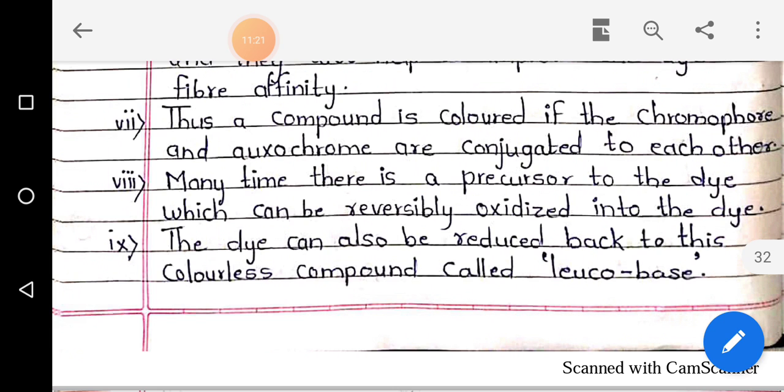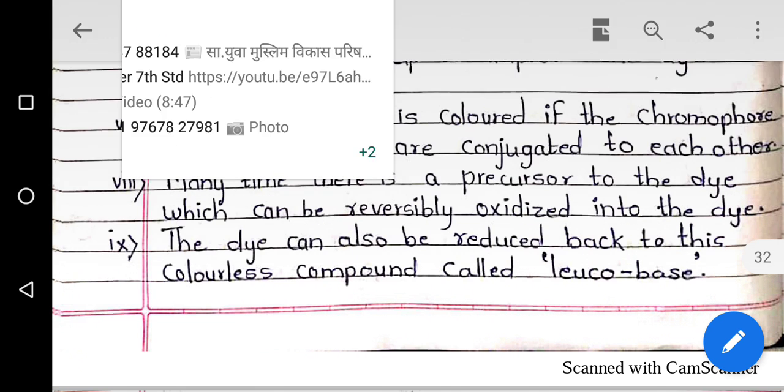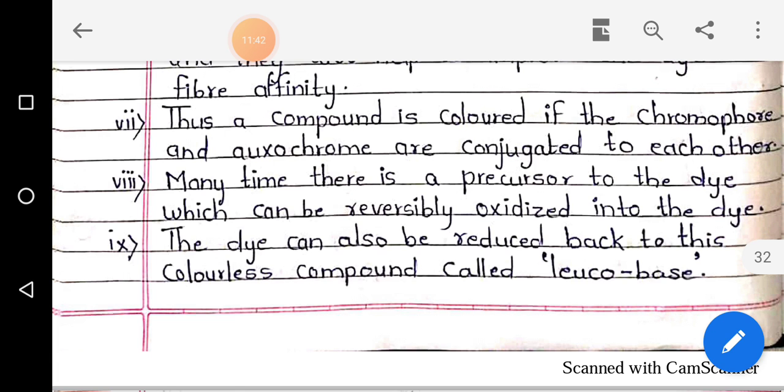As we study the structure of benzene attached with a chromophore and auxochromes, that gives the color. Color means it absorbs at a higher wavelength, which falls in the colored region, and it will impart color to the solution. So a compound is colored if the chromophore and auxochromes are conjugated to each other.